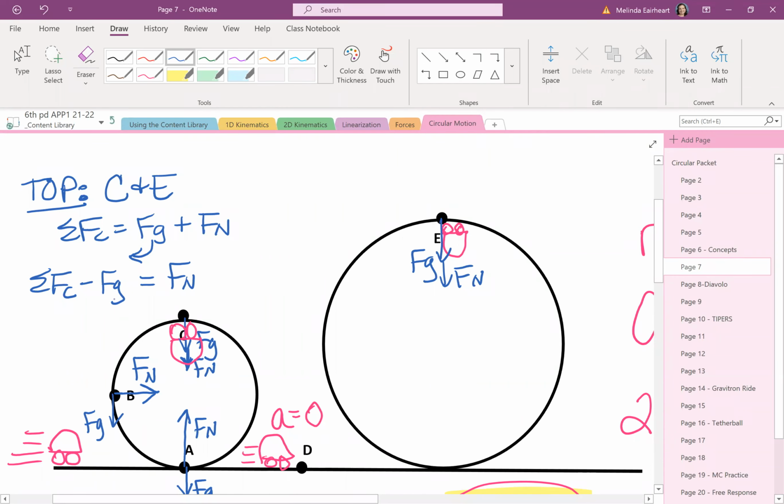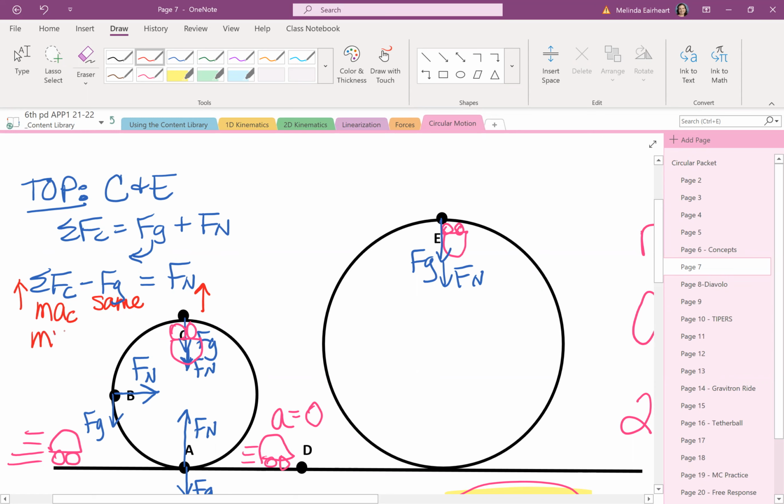And then to figure out, is it small loop, big loop that has the bigger normal force? Remember, Fg is going to be the same. So it doesn't matter which loop you're on, you'll always be subtracting the same weight. So really, whoever has the bigger normal force is going to have the bigger force in the beginning before you subtract, right? Who has the bigger centripetal force? Well, let's see.